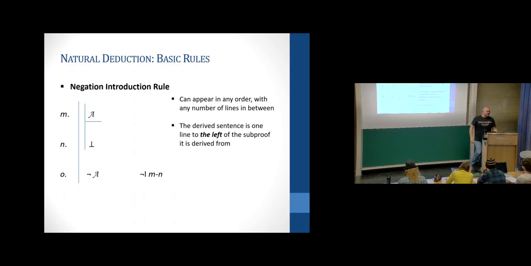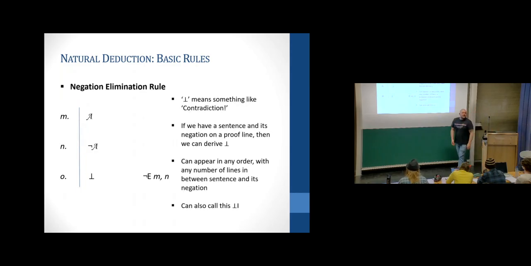What's negation elimination? Well, negation elimination is how you get the bomb. Negation elimination is if you have a sentence and its negation, then you can eliminate the negation to set us up the bomb. Effectively, negation elimination is contradiction introduction.